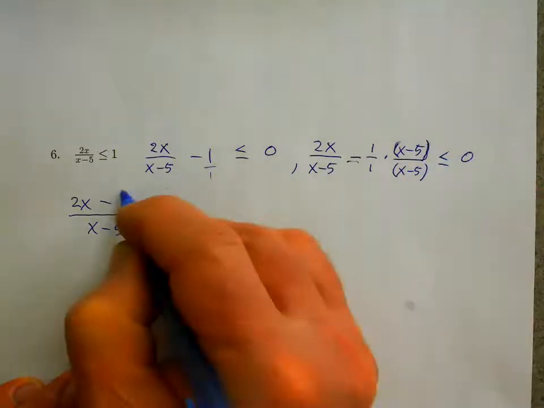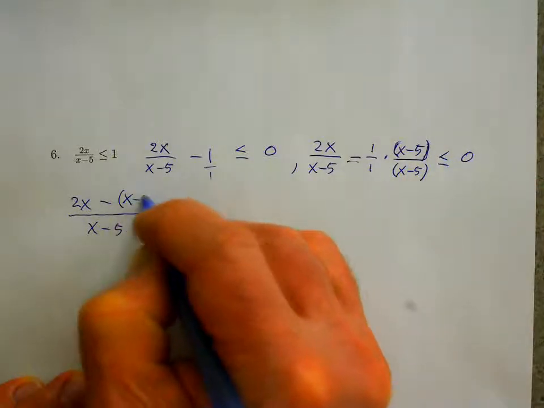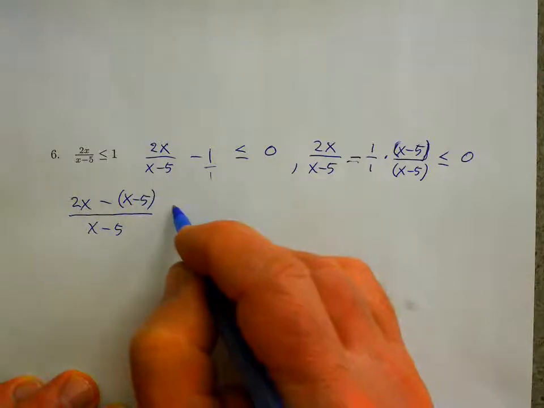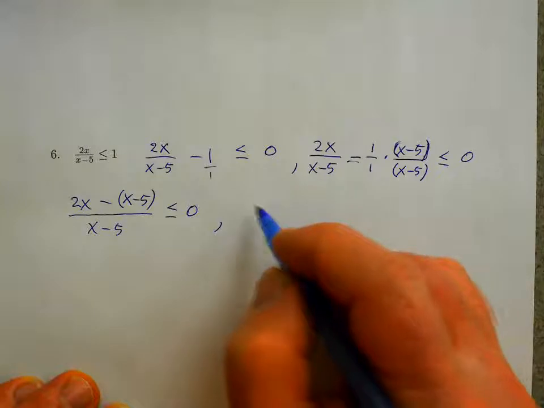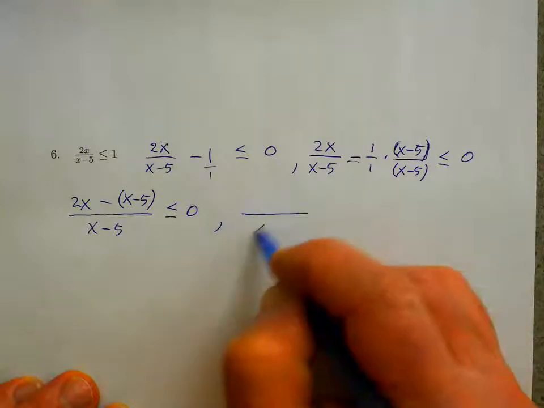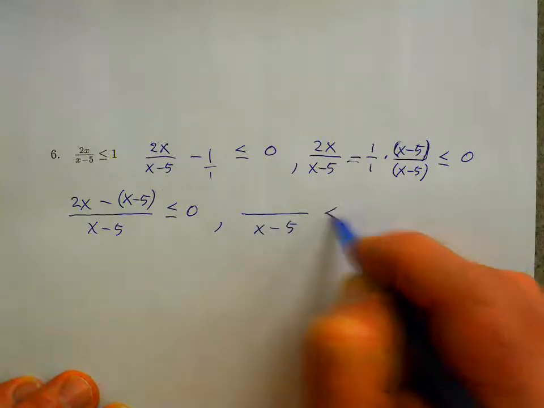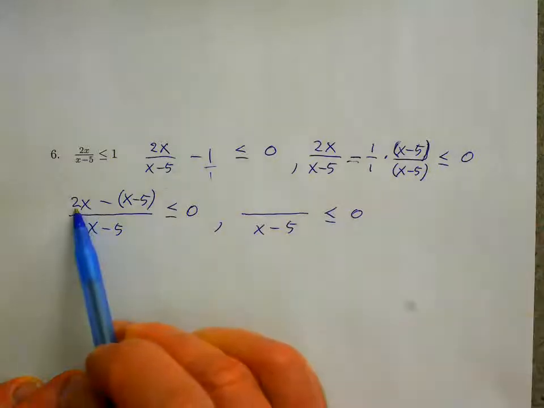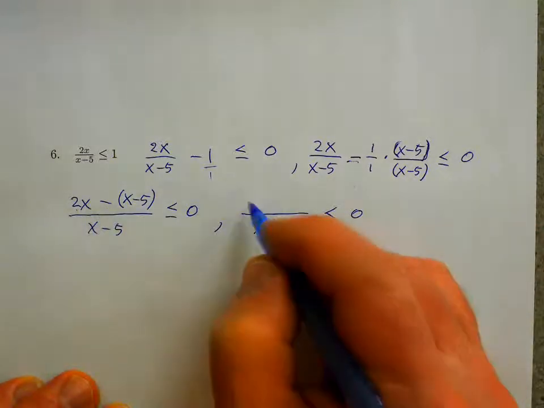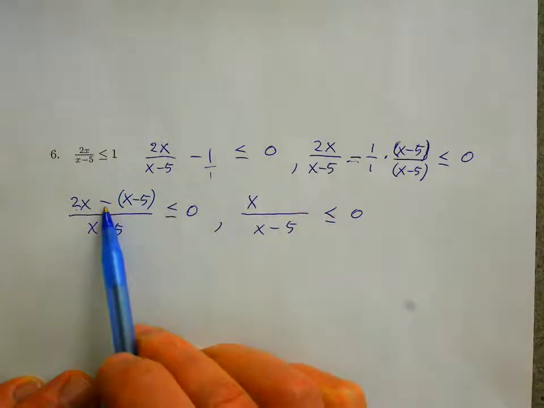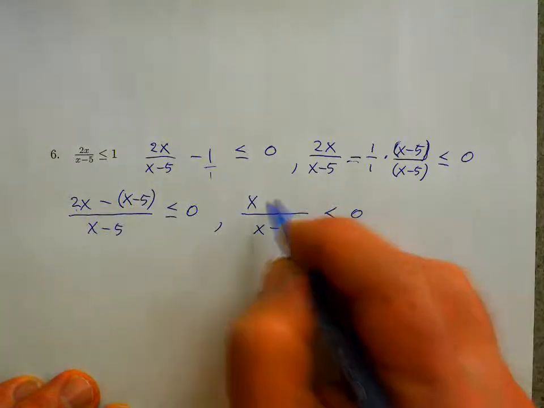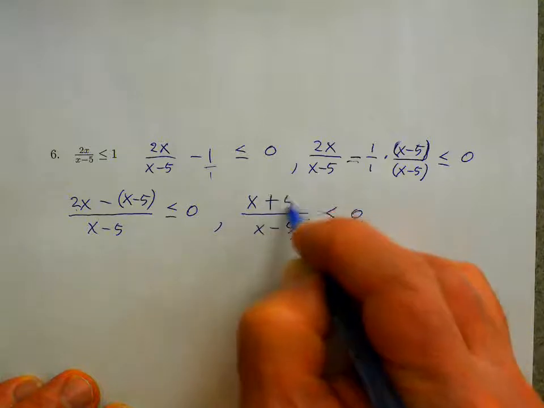So we have to subtract the entire quantity x minus 5. So we get 2x minus x, which is just x. And we're also subtracting negative 5, which is equivalent to adding 5.